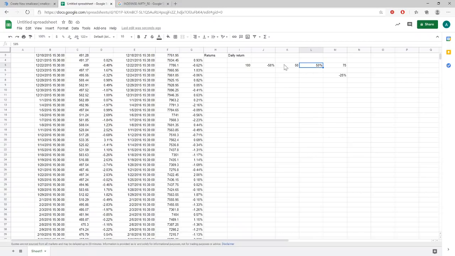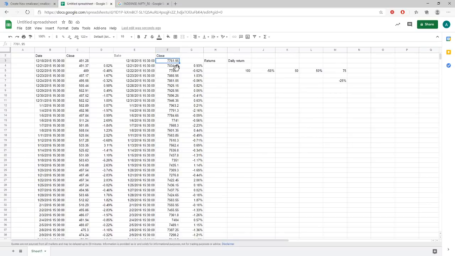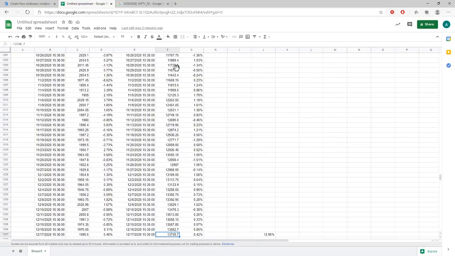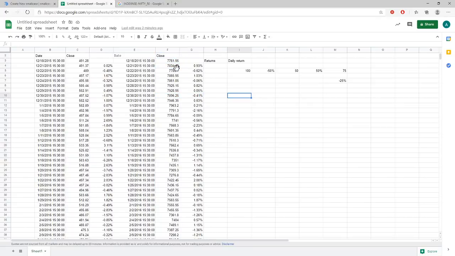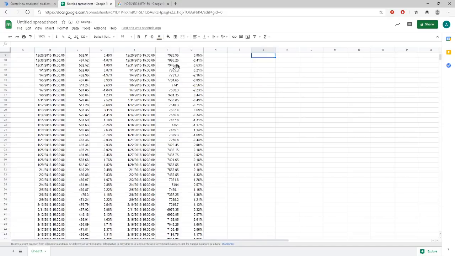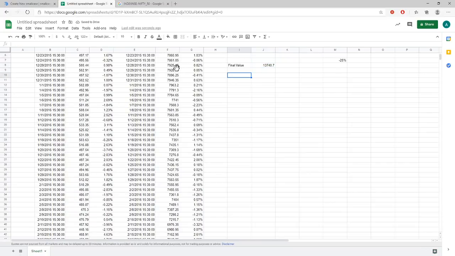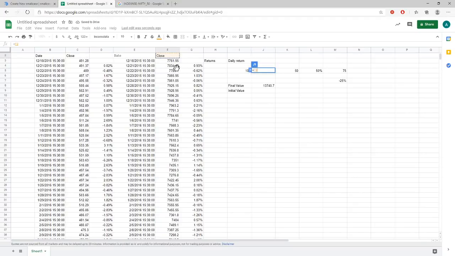So basically, we have the 5 year return of Nifty over here. Our final value of Nifty is, as you can see, 13,740. Our initial value of Nifty is 7761.95, right?